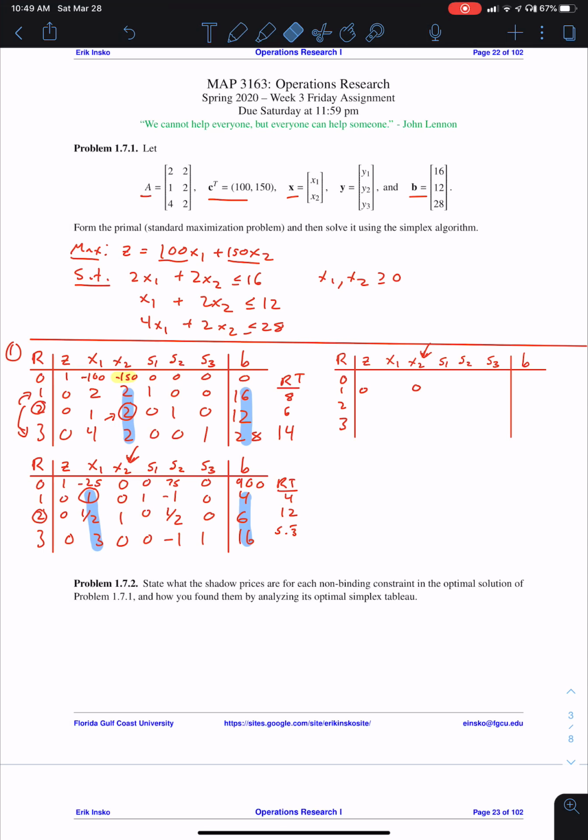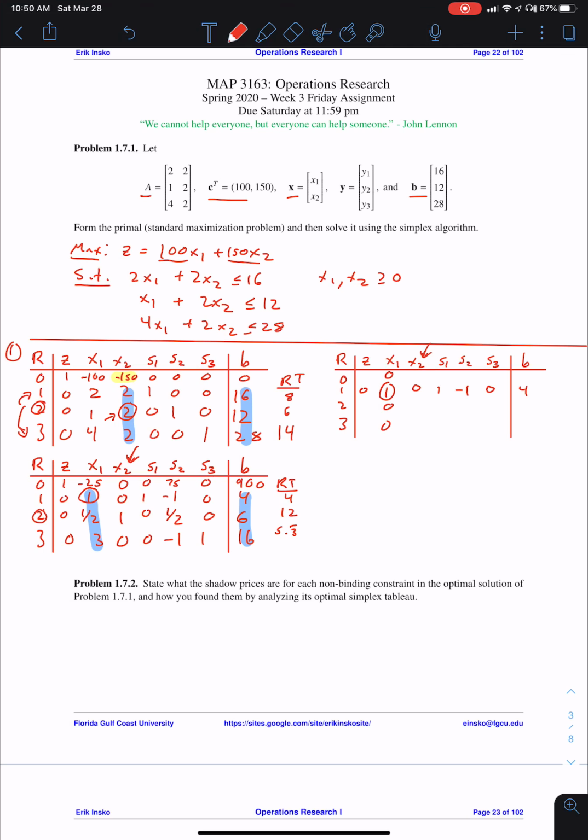This is the pivot point here, and we need to make everything else in that column a 0.